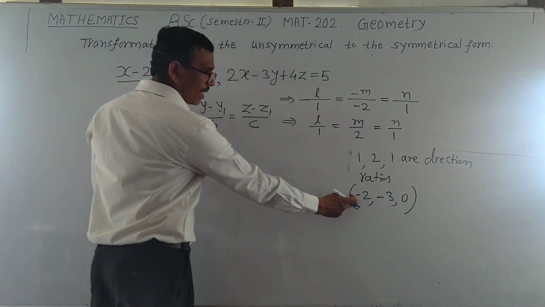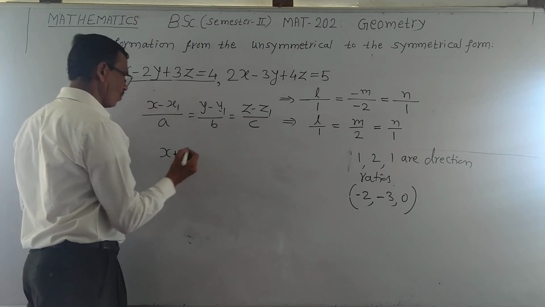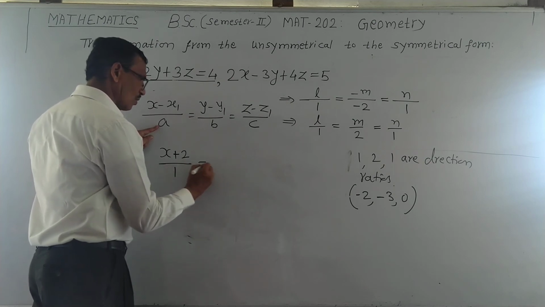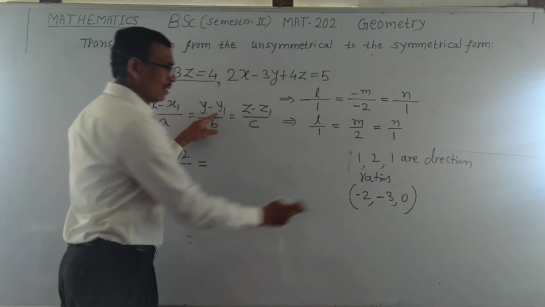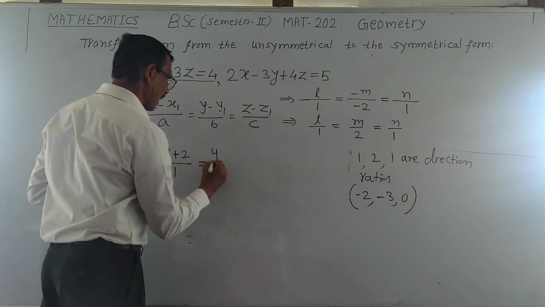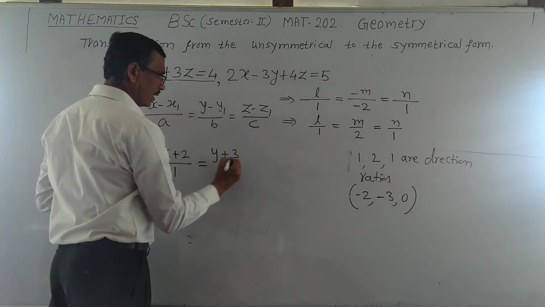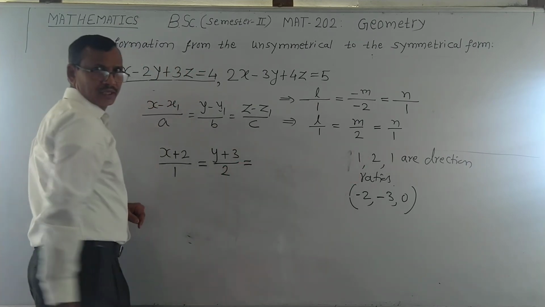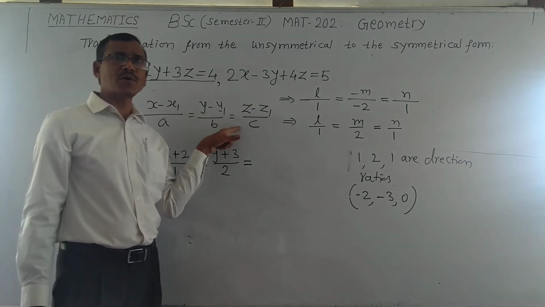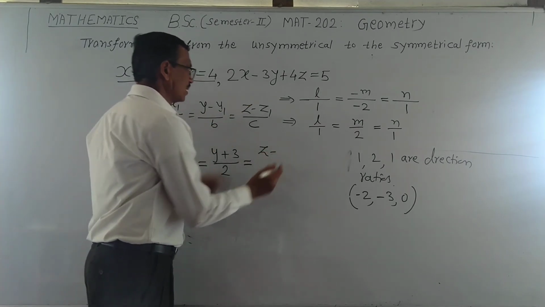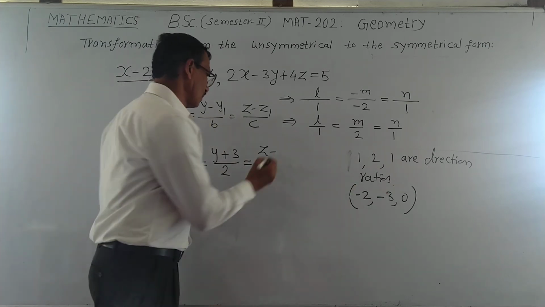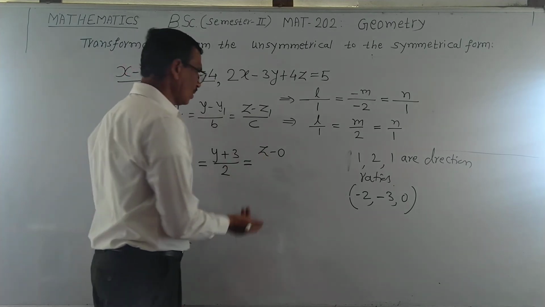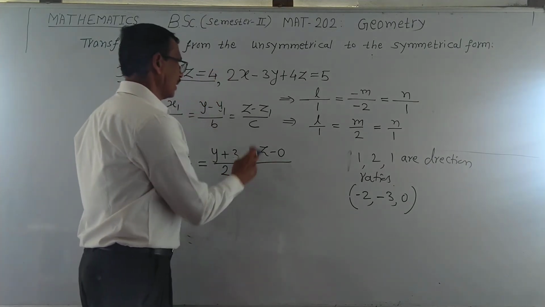But x1 is minus 2, so x plus 2 upon a which is 1, equals y minus y1. y1 is minus 3, that is y plus 3 divided by b, b means 2. Equals z minus z1 upon c. z1 is 0. Either you can write z minus 0 or z plus 0, nothing happens, divided by c.